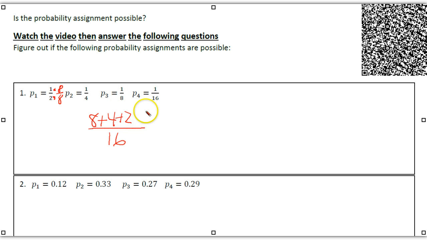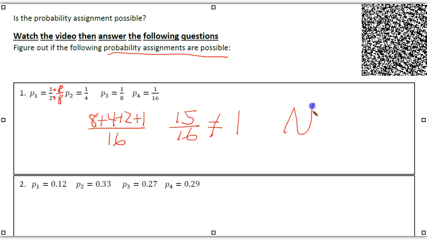And multiply this by nothing, 1. And it's a 1. So we get 12, 14, 15 sixteenths. Does this equal 1? No. So these, if that's all the possible probability that you could have, cannot be the assigned probability. If these are all the probabilities, they should equal 1. So our book for this is saying no.